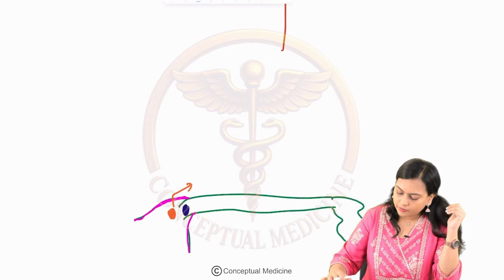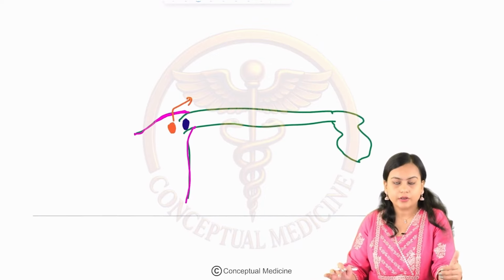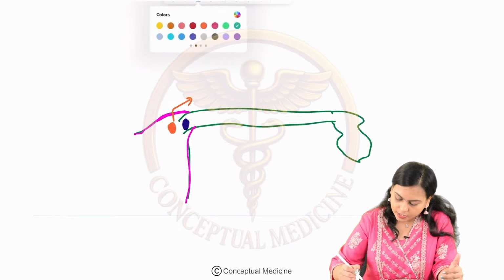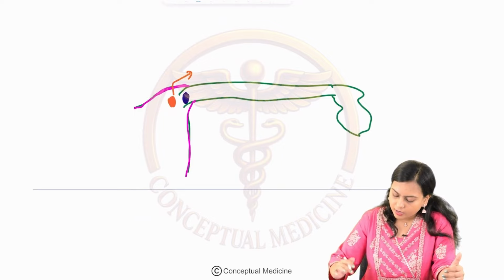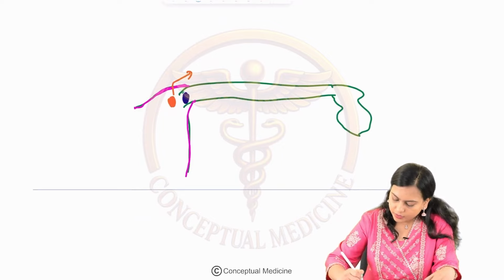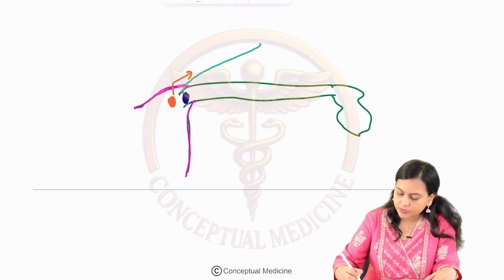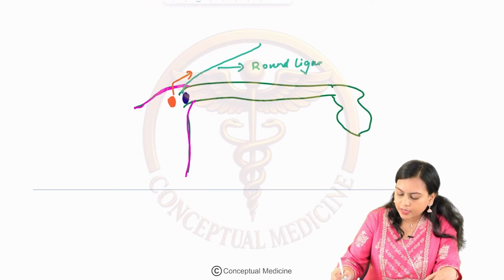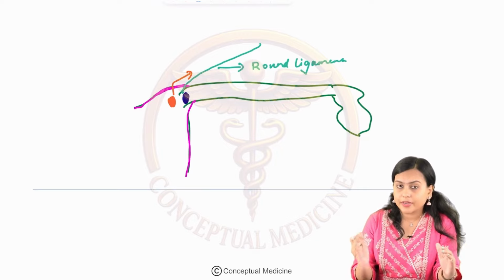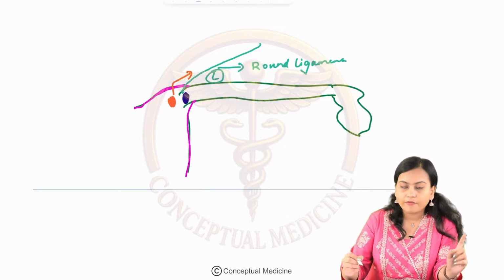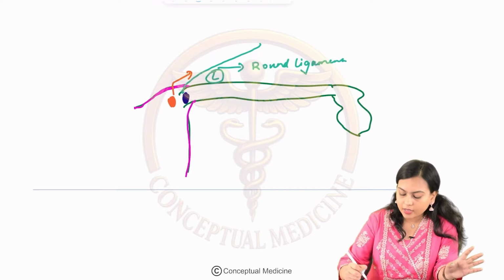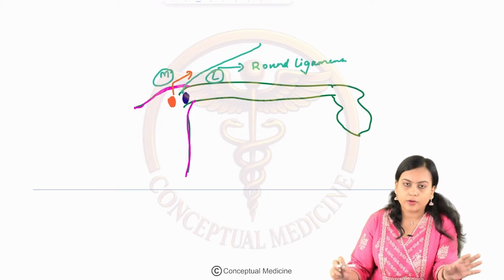And then we have to see the relationship to the round ligament. Suppose you take the round ligament here, where the round ligament starts. If you take the round ligament, the interstitial pregnancy will be lateral to the round ligament, whereas angular pregnancy will be medial to the round ligament.